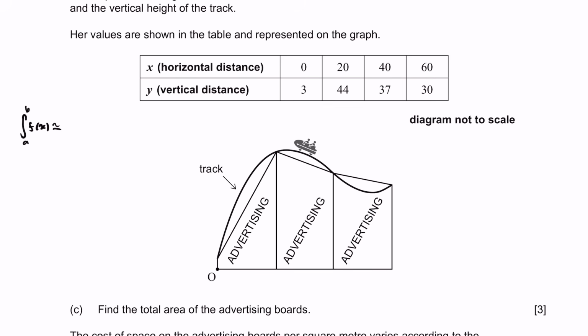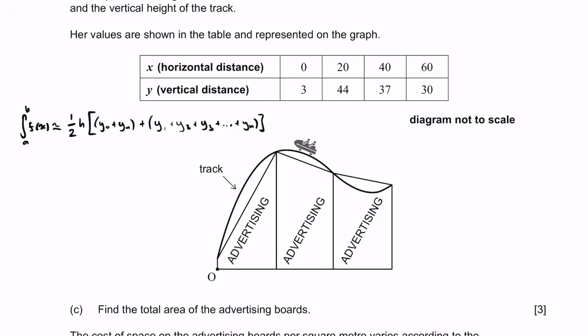Essentially, this is area under the curve approximated by 1/2 h, big bracket, y naught plus yn plus, and then y1 plus y2 plus y3 all the way up to whatever the final one was.